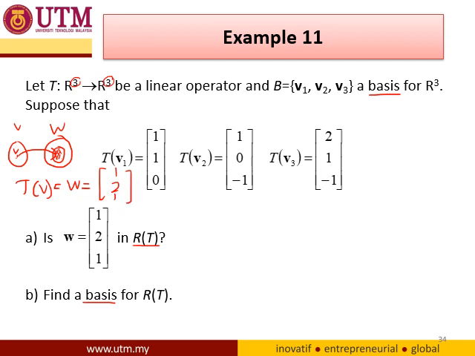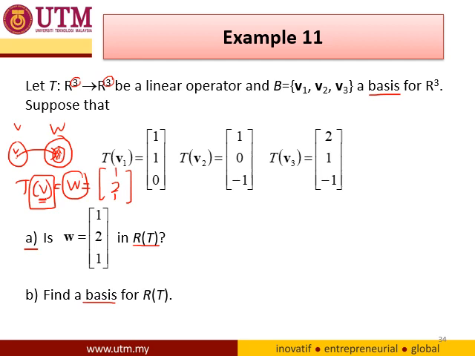Is there a V here? They give us the W after the transformation, which is 1, 2, 1. So they want to know, is W in the range? So we must find the V. For this question they ask us to find a V to determine whether W equal to 1, 2, 1 is in the range of the transformation or not. That's what this question wants for A. We try to solve it.